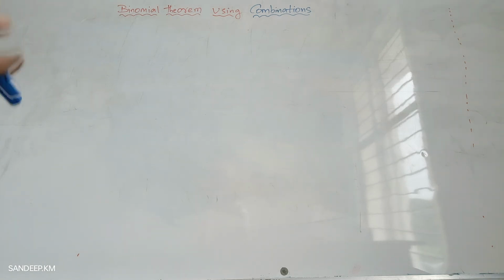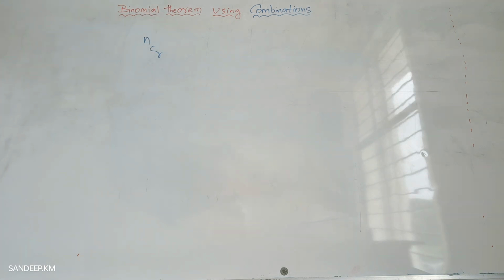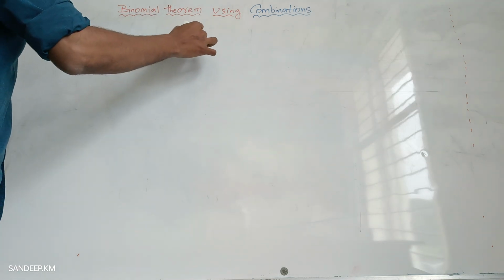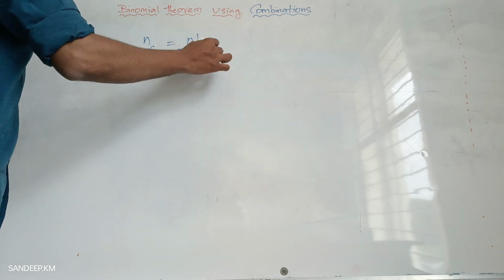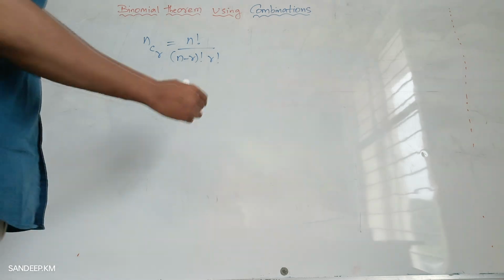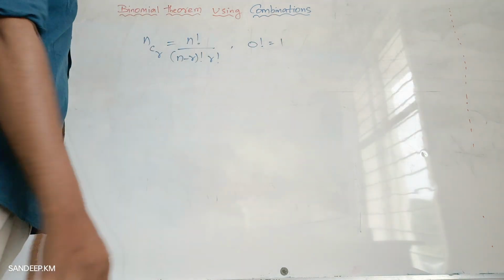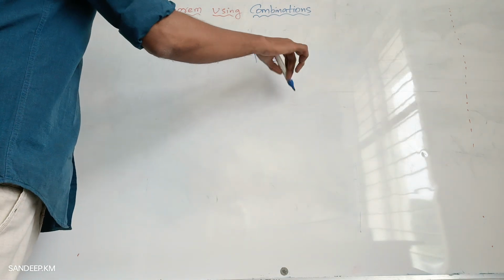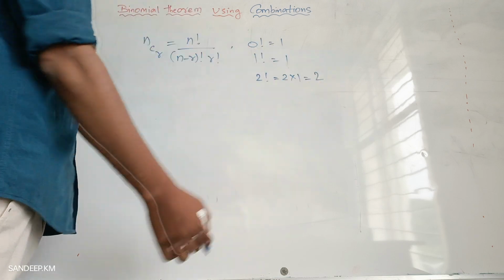Before I can continue directly, I just wanted to revise that nCr formula. So what is nCr? The formula to find the nCr value is n factorial divided by (n minus r) factorial into r factorial. And all of you must be familiar with factorials. 0 factorial is 1, 1 factorial is 1, 2 factorial is 2 into 1, which is 2.